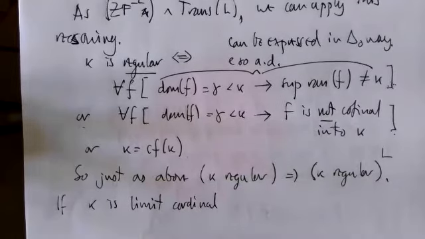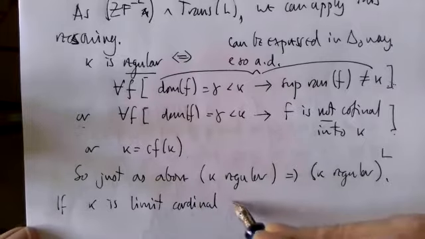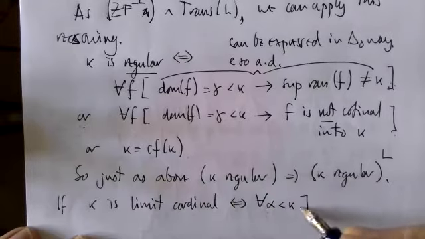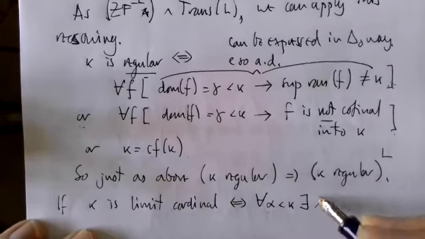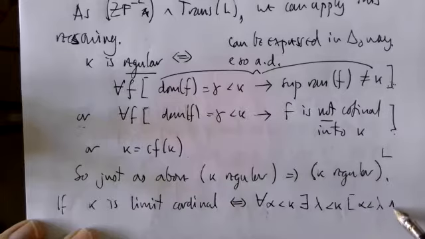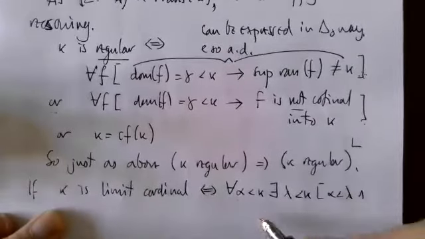Kappa is a limit cardinal if and only if for all alpha less than kappa, there is a lambda less than kappa, where alpha is less than lambda and lambda is a cardinal.